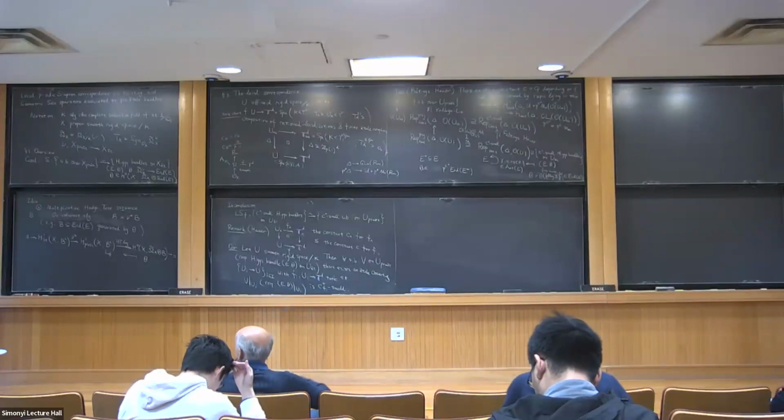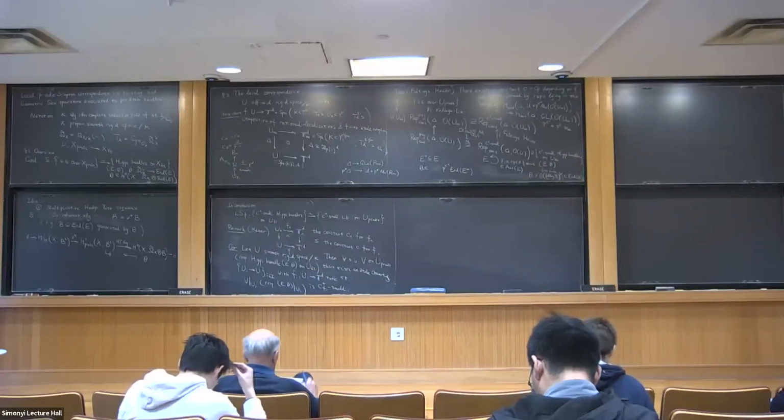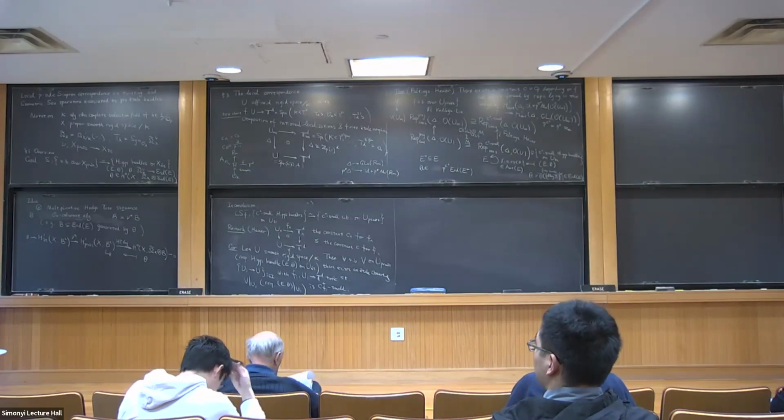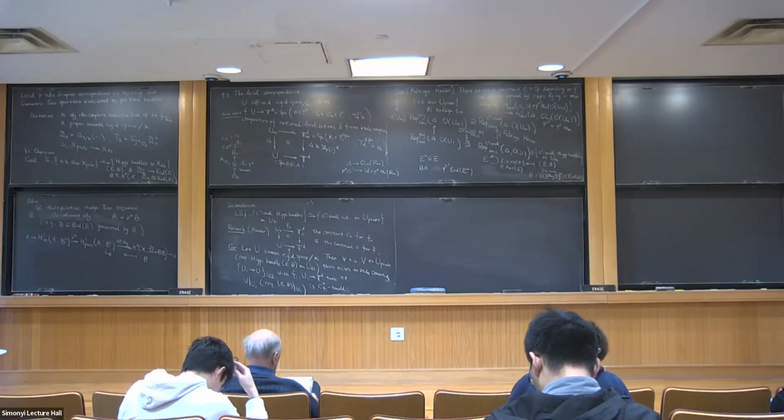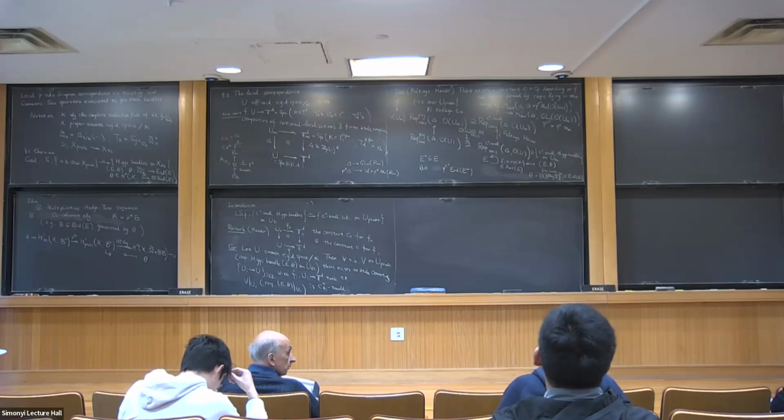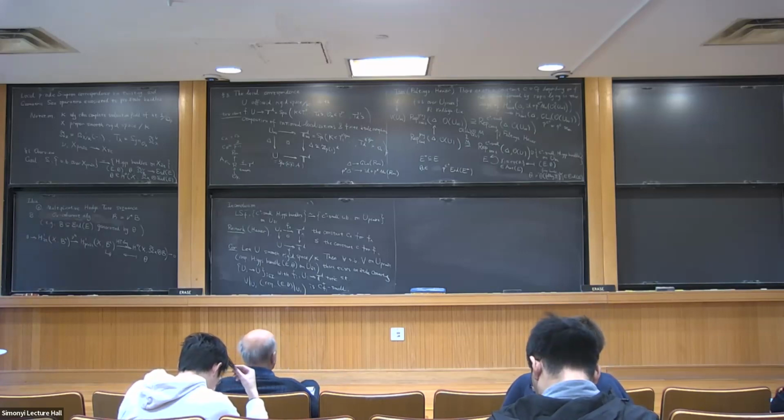Control map from D to 3 and then D of A quasi-core. Construction is just by... Do you have a map? It's right.